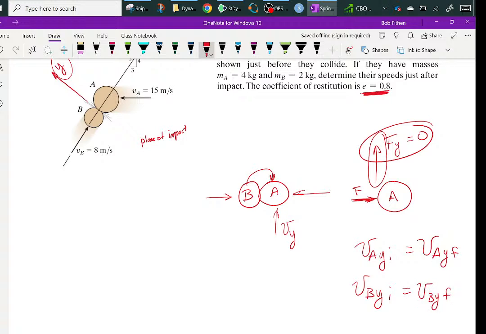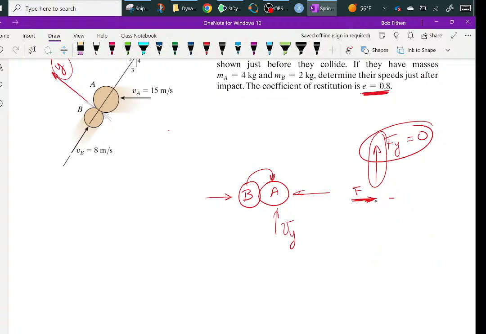The reason is that if you have an object that's moving and you take two particular times and you don't have a force, let's say you had a force right here pushing on this, you may change its direction this way, but you're not going to change its velocity that way, since you didn't push on it or pull on it. And so that gives us a very, very clear approach.